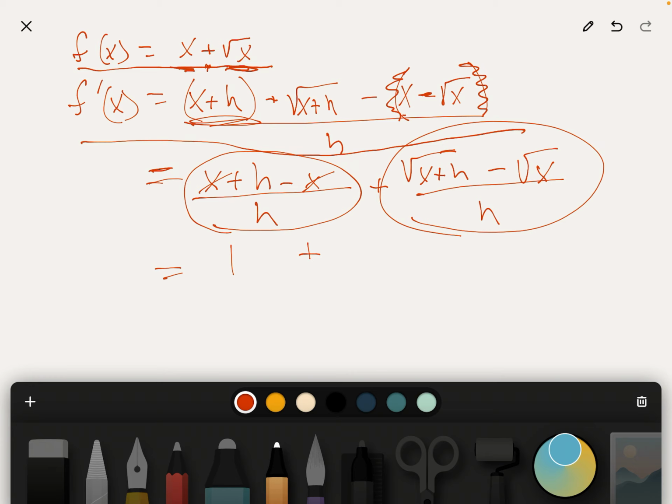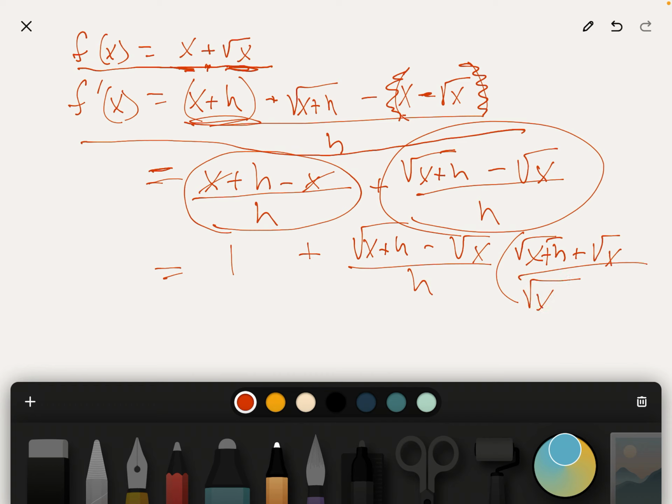And now we're just, like you were suggesting, there is a part where you multiply by the conjugate. And this will be very familiar to you. Over h, and multiply the denominator and the numerator by the conjugate of the numerator. Let's see if this works out. Plus square root of x.